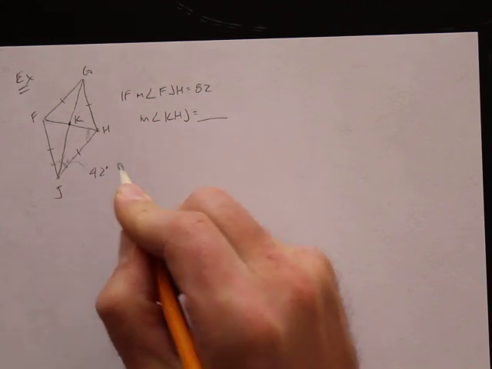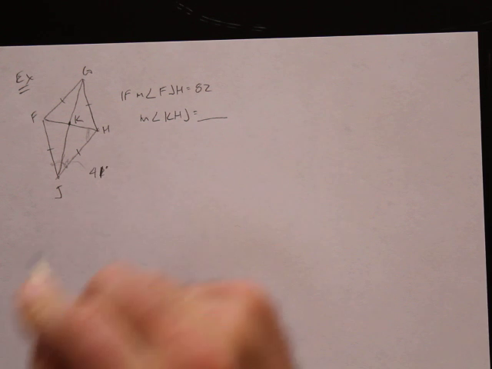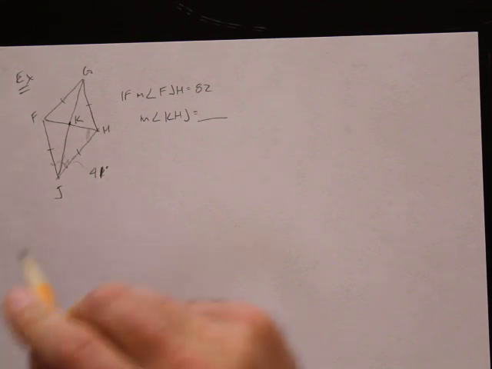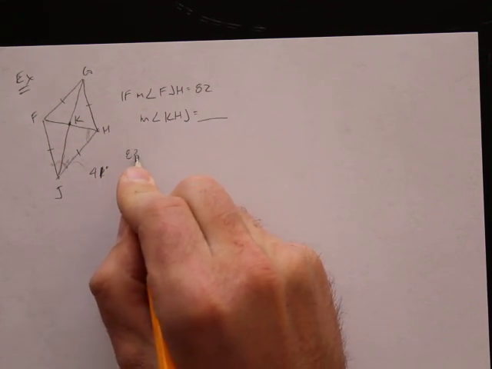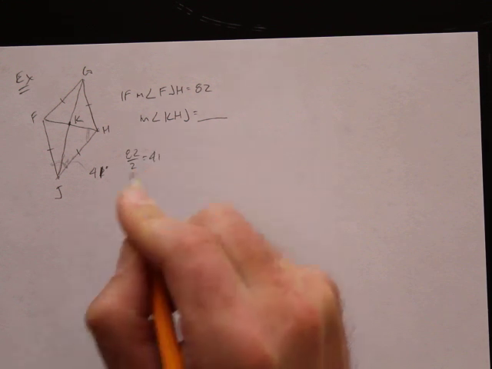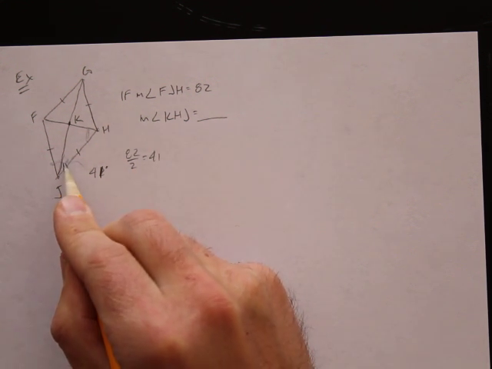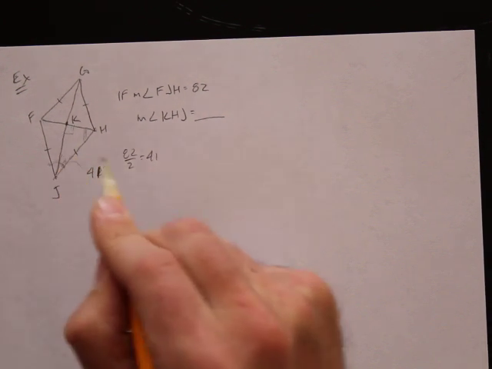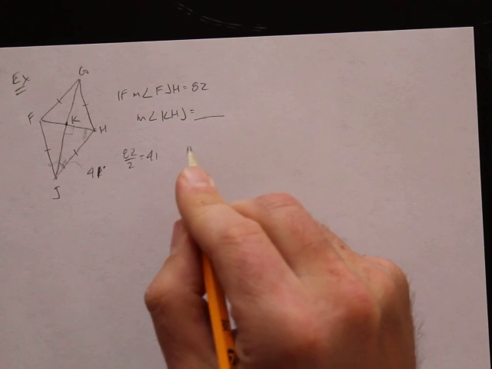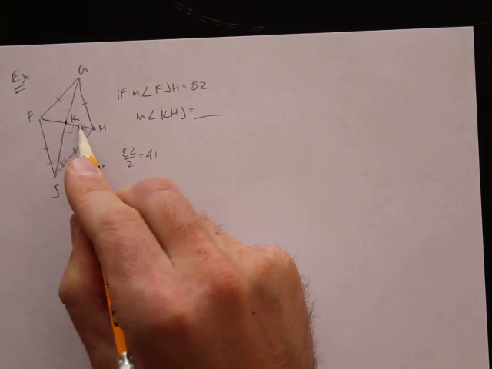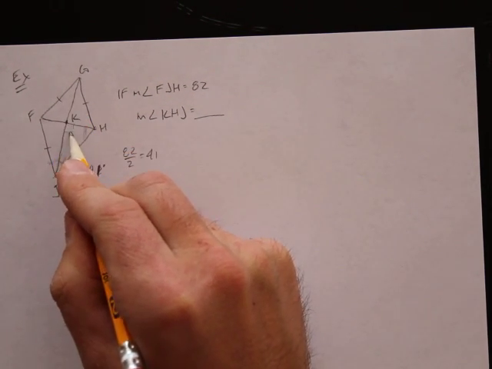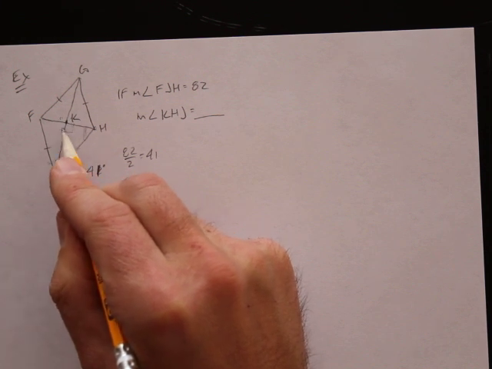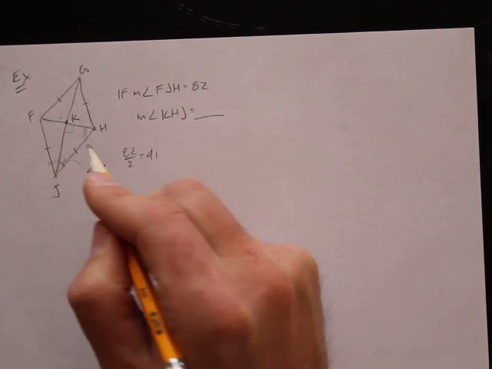This has to be 41 degrees. So this is 82 divided by 2, right? 41 degrees. So if this is 41, this angle here, I know, is 90 because it's a rhombus, and so 90 degrees is the measure of each of these angles here.